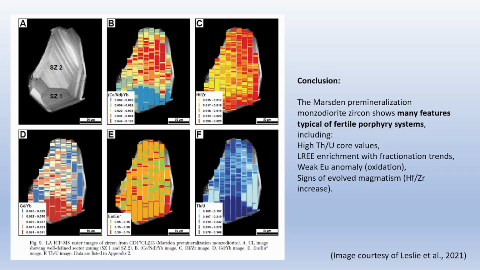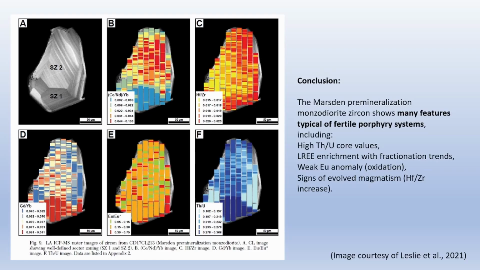And that's a fancy way of showing how the light rare earth elements stack up against the heavy REEs. You can see that in panel B with the cerium neodymium versus yttrium ratio.